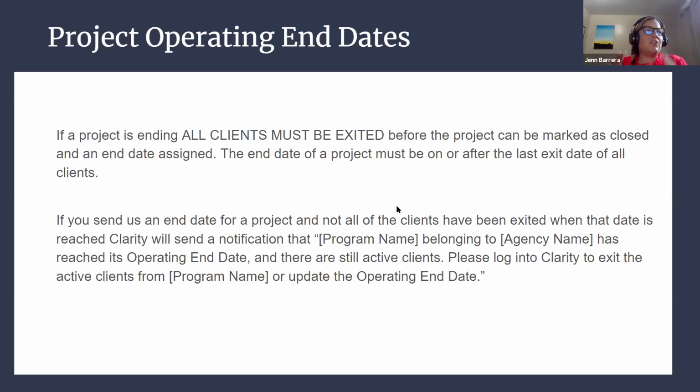That is no longer the case. If you do have a project that stops operating, all of the clients in that project have to have exit dates that are before the operating end date. So that is new logic that's being applied.